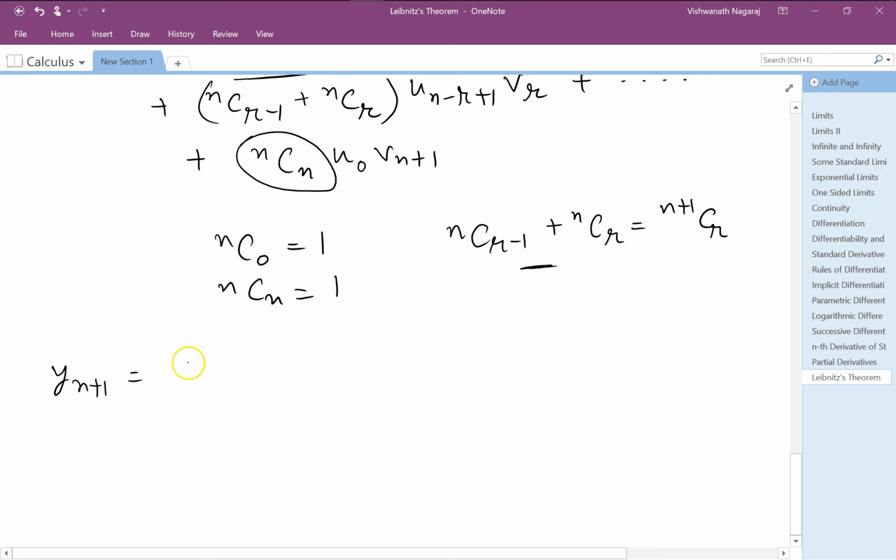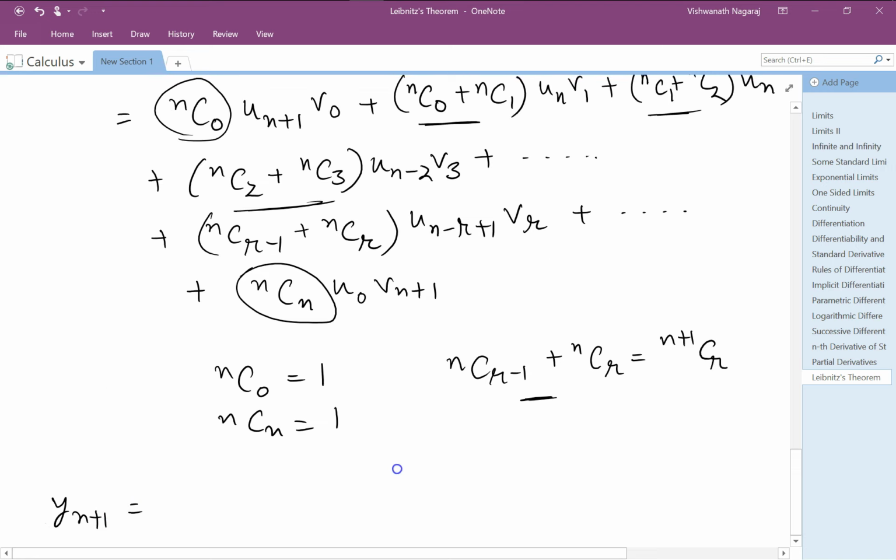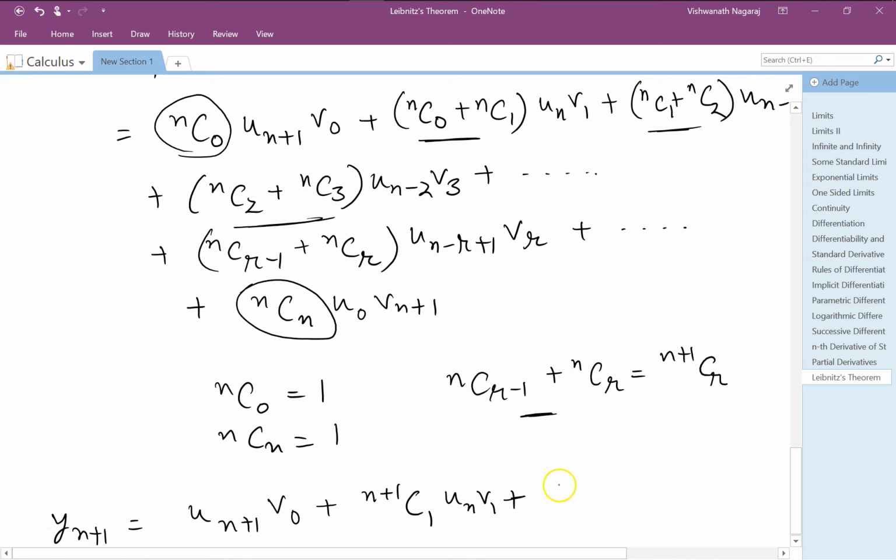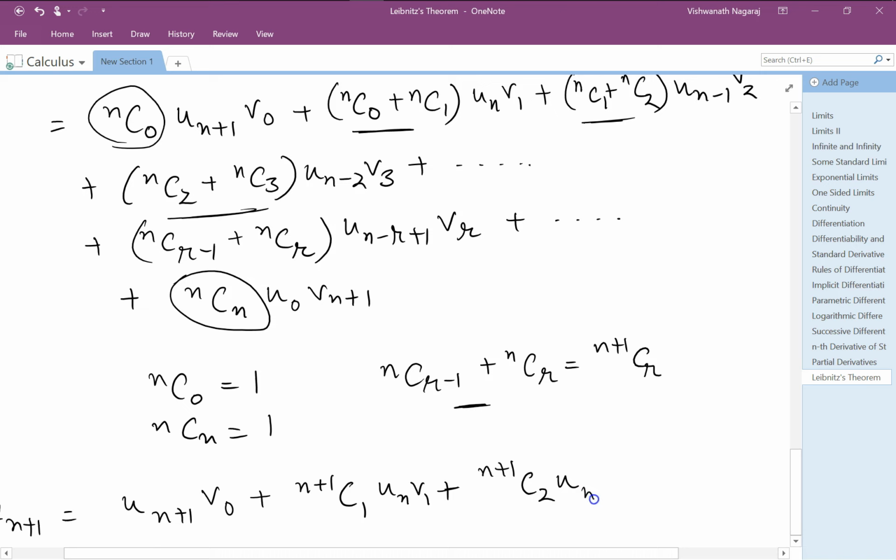So this becomes now n plus 1, and let's keep this visible. So this becomes 1, so u n plus 1 v0 plus, remember this will become what, n plus 1 c1 un v1 plus, now this will become n plus 1 c2 u n minus 1 v2.